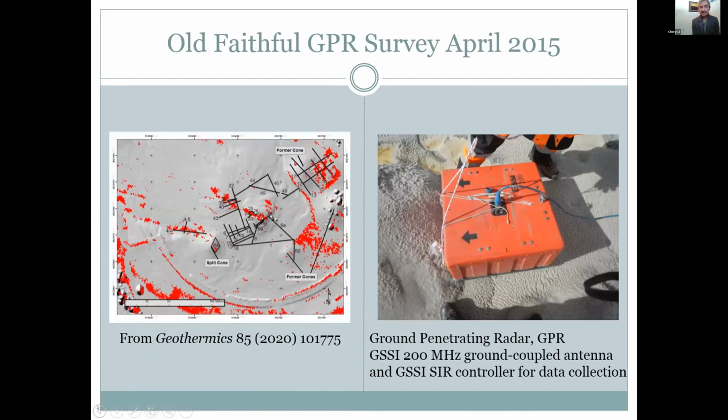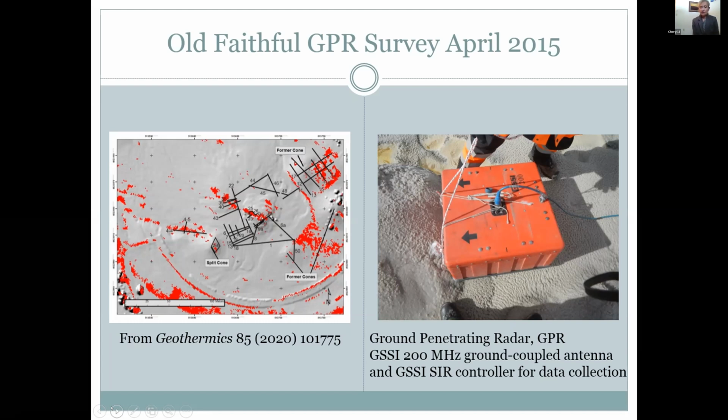Okay, in the map on the left, which is the LiDAR map with the thermal trends on it, you'll also see black lines that indicate the places where the ground penetrating radar was moved over the surface to image the three-dimensional part of the hydrothermal system.